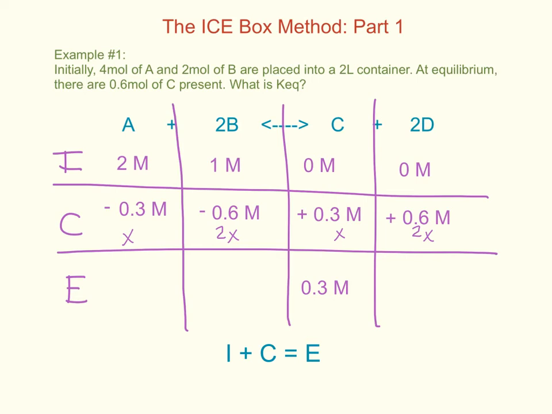So 2 minus 0.3 is going to equal 1.7 molar. For my B reactant, 1 minus 0.6 is going to be 0.4 molar.